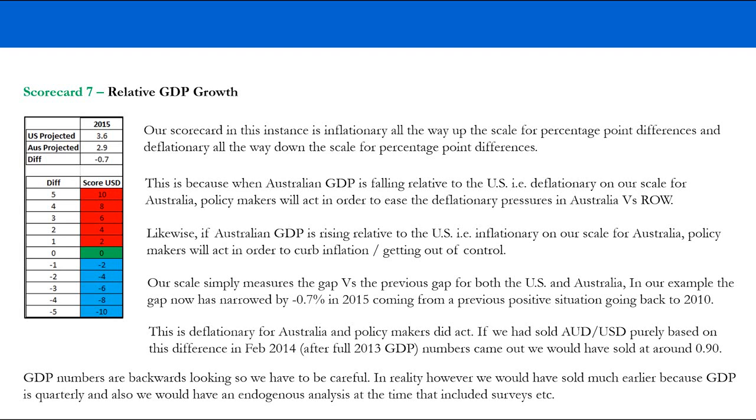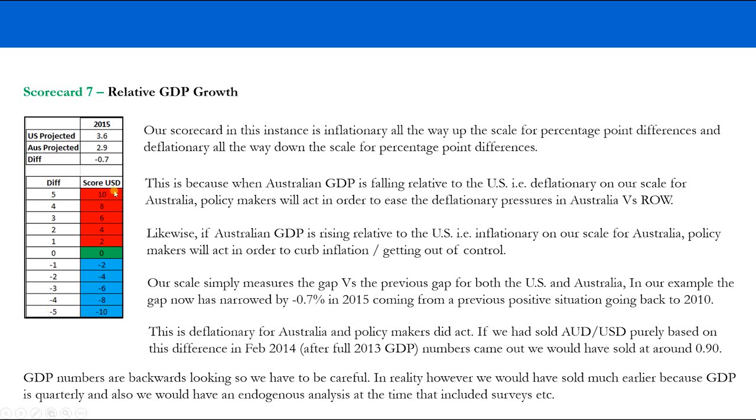Well, our scorecard in this instance is inflationary all the way up the scale for percentage point differences, and deflationary all the way down the scale for percentage point differences, because what we're looking at here is Australian GDP growth minus US GDP growth.